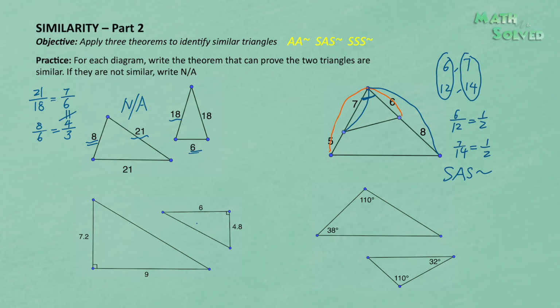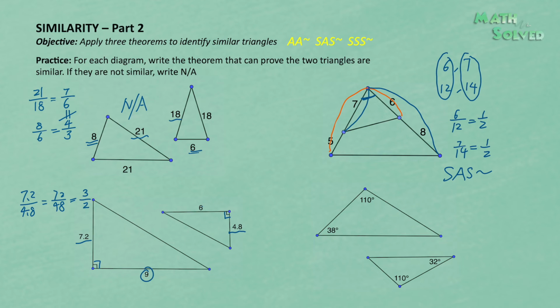Then in the third diagram, these two triangles are right triangles. So we have these two angles are congruent. And the shorter side, 7.2, is corresponding to the shorter side, 4.8. So the ratio is 7.2/4.8. That is equal to 72/48. 24 is the common factor, so you can divide 24 on the top and bottom, and that is equal to 3/2.